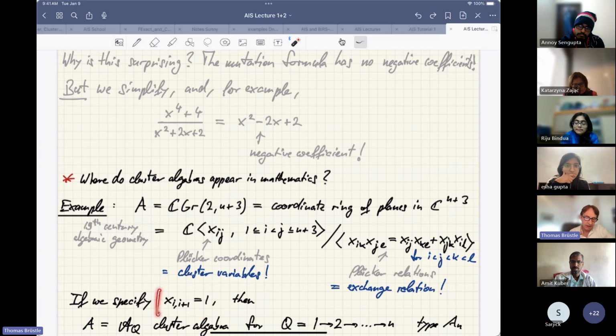If I set the Plücker variables of adjacent index, so x_{i,i+1}, if I specify all of them to 1, then I get a subring of this.